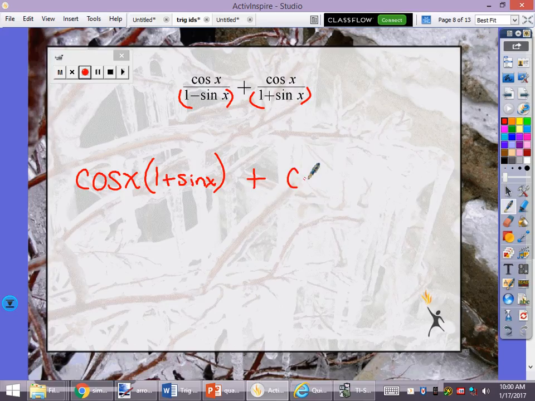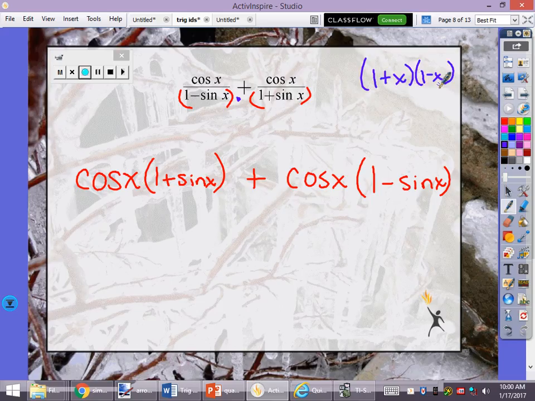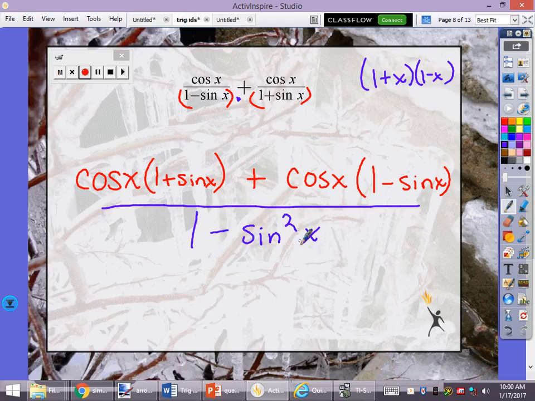And over here, cosine is missing 1 minus sine x. Now, what is 1 plus sine x times 1 minus sine x? Think of it this way: if I did 1 plus x times 1 minus x, what is it? 1, excellent. 1 minus sine squared x.